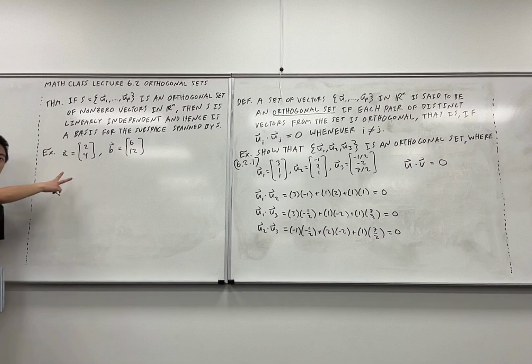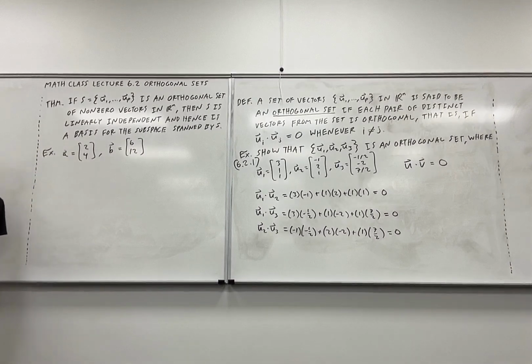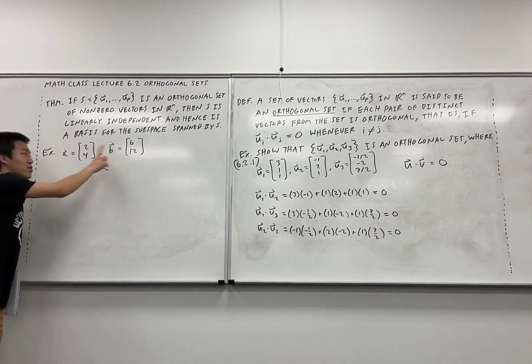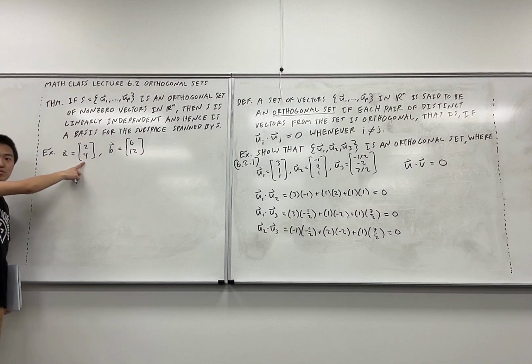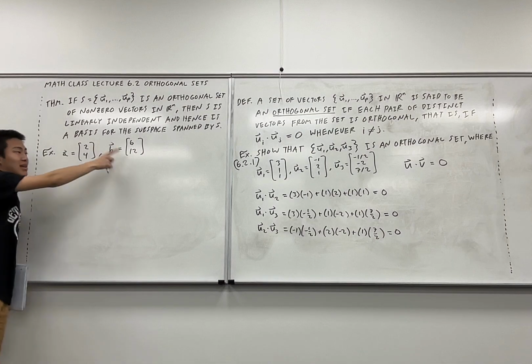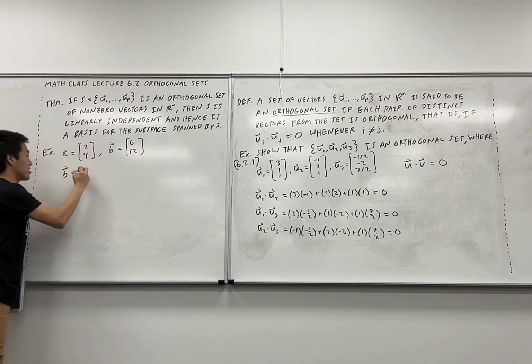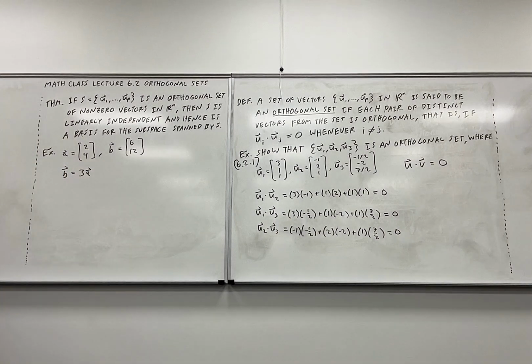So you would row reduce this and see whether or not you have a pivot in every single column. That's the really time-consuming, unfun way. Then we found out a shortcut that if we only have a list of 2 vectors, we can just see if it's possible to multiply one of them by a scalar to get to another one. So in this case, I could think about my vector B as just taking my vector A and multiplying it by 3. Okay? So this we would conclude is what?